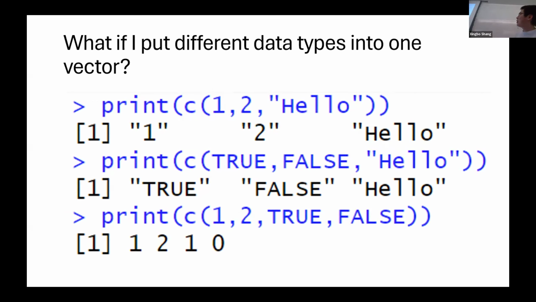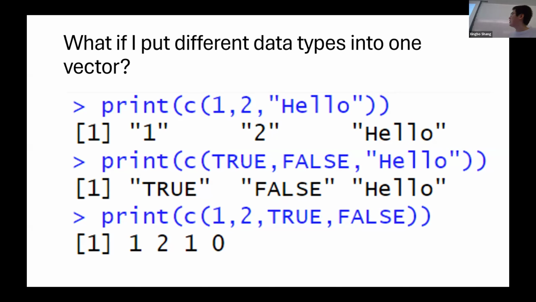So let's say we create a vector by putting in 1, 2. Up to this step, it's fine. Then we put "hello" in it, which is a character. So what will R respond? First, it doesn't give you any error. But then, as you notice, it silently converts 1 and 2 to characters for you, as indicated by the double quotes. Let's see another example.